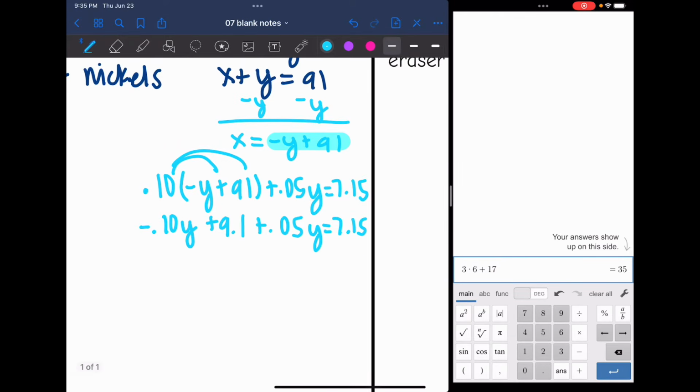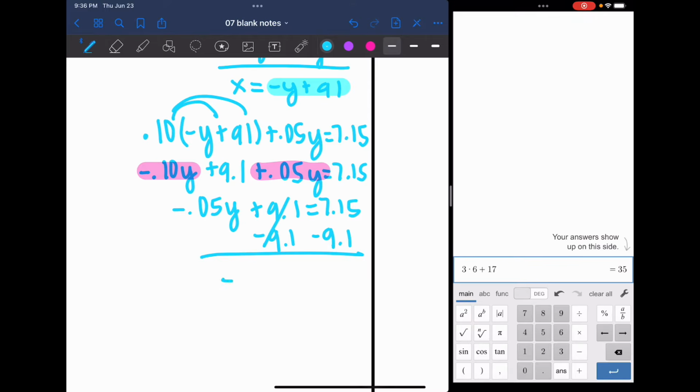Now I'm going to combine like terms. Negative 0.10y plus 0.05y is negative 0.05y. And then plus 9.1 equals 7.15. And then I'm going to subtract 9.1.